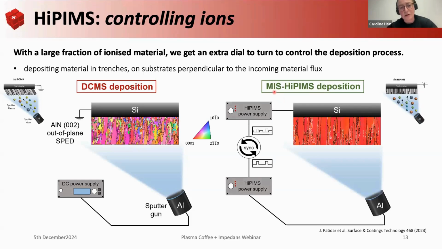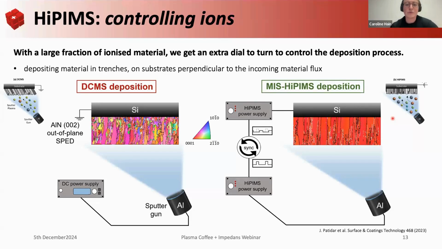But now with what they call metal ion synchronized high PIMs, they only attract the metal ions when they know that they're coming, and they were able to grow here a very nicely oriented aluminum nitride film.